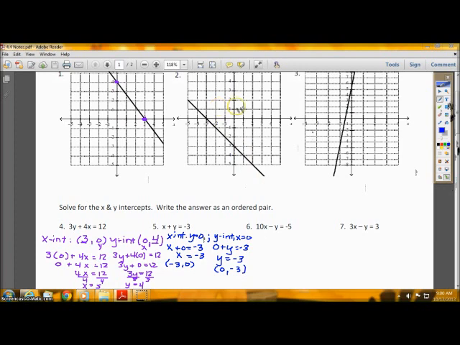And again, if we look up at this graph, that is the graph of this equation, where my x-intercept is at negative 3 and my y-intercept is at negative 3 as well. So we're making the connection that whenever the x is 0, that's going to give me my y-intercept, and whenever the y is 0, that's going to give me my x-intercept.